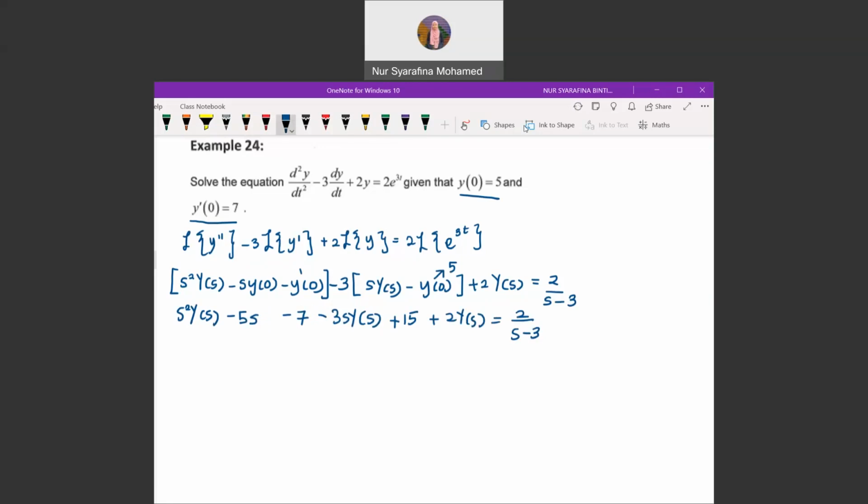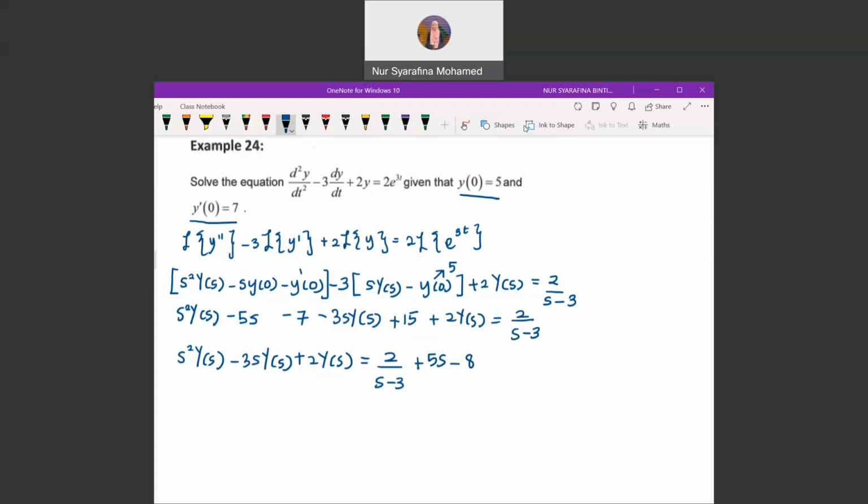So rearrange by putting all the coefficients with Y(s) on the left hand side, and the rest on the right hand side. Here we have s squared Y(s) minus 3sY(s) plus 2Y(s) equals 2 over s minus 3 plus 5s, 15 minus 7 minus 8.